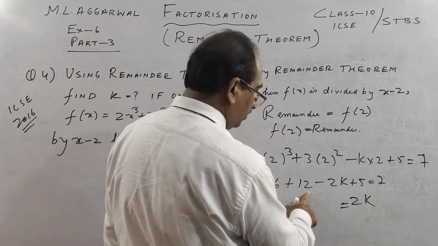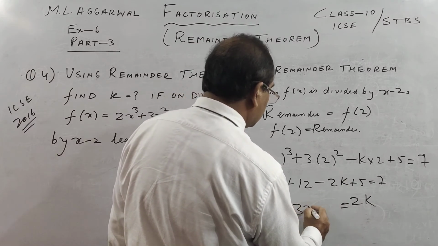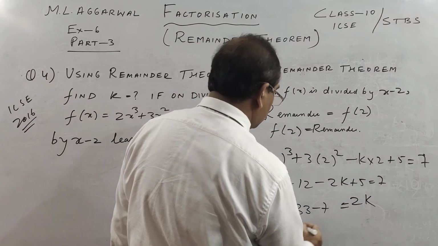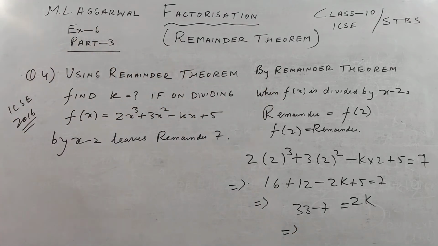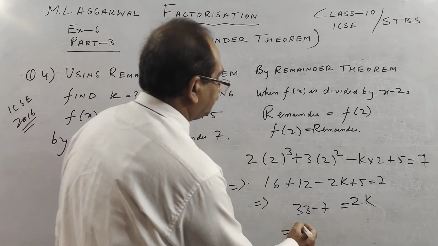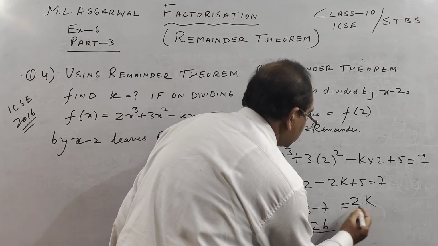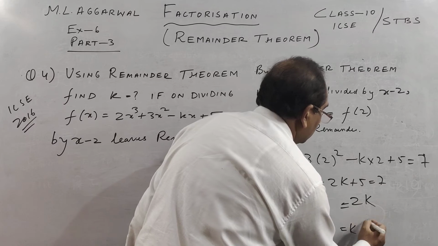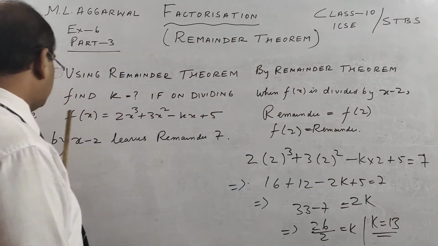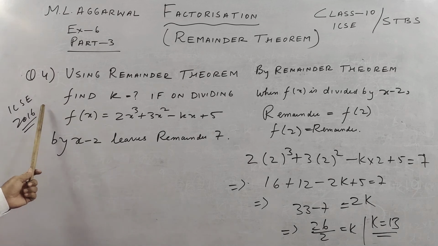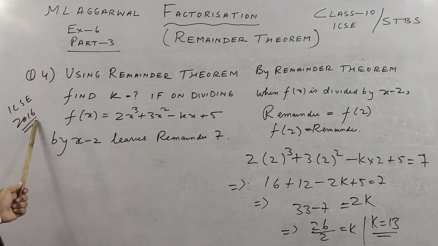Here 28 plus 5 is 33, minus 7, so we get 26, and this 2 comes here. So finally we get, children, k is 13. Once more I am telling you, very easy question, 3-mark question, ICSE 2016.